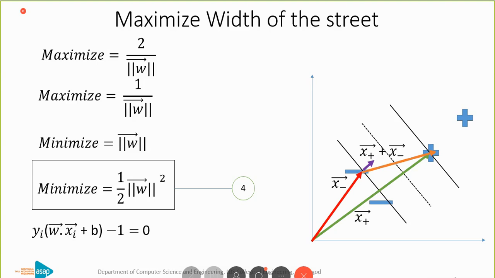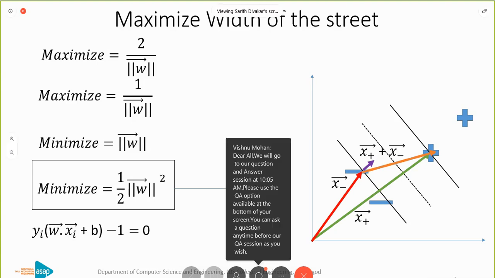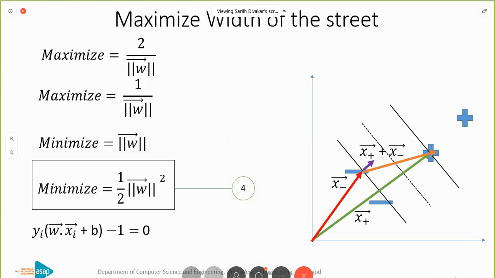And what is our aim? The aim of Lagrange multipliers is, say, you have to find an extreme of a function. Don't bother whether it's a maximum or minimum. Say you have to find the extreme of a function with a constraint.